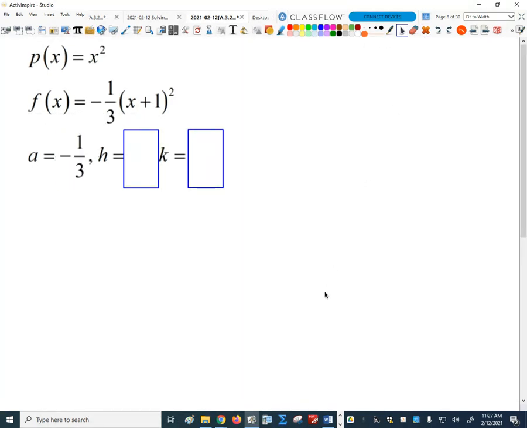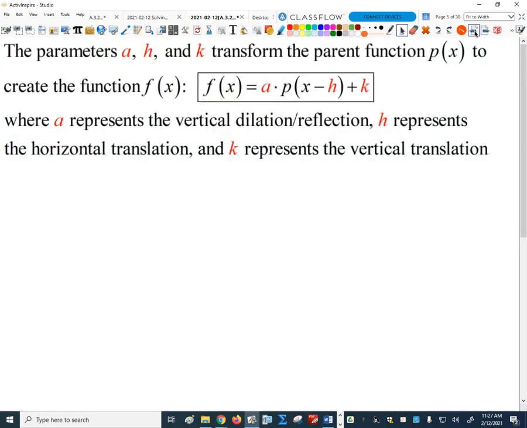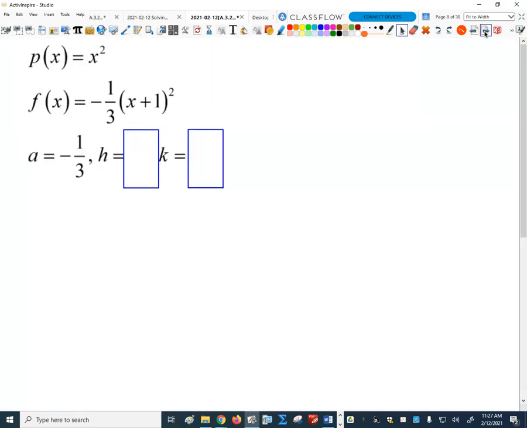Okay. What's the value of h this time, Aurelia? One. Is it 1? Remember, you got to be careful with this. H is the number that's being subtracted from x. Negative 1. Negative 1.